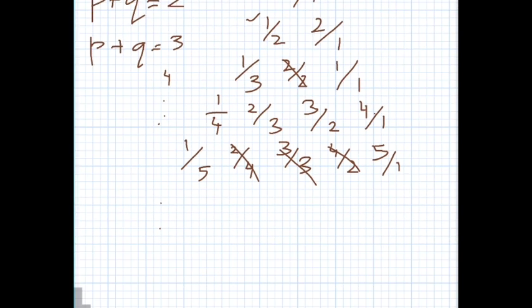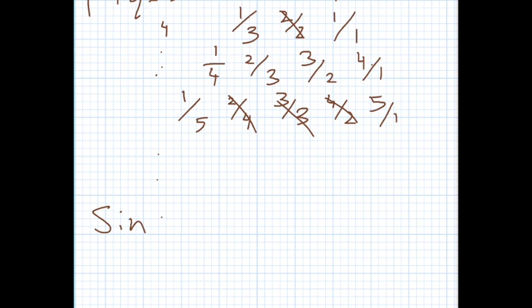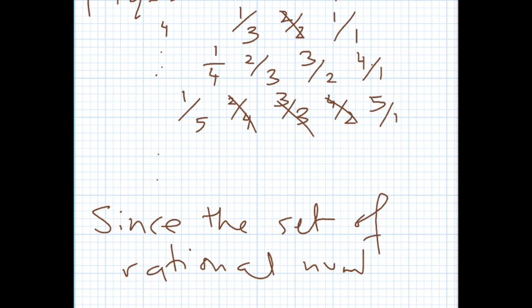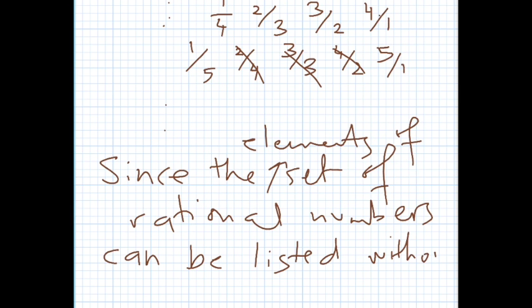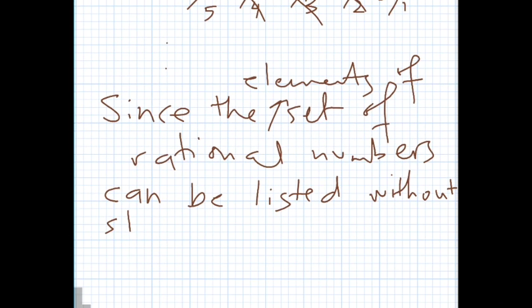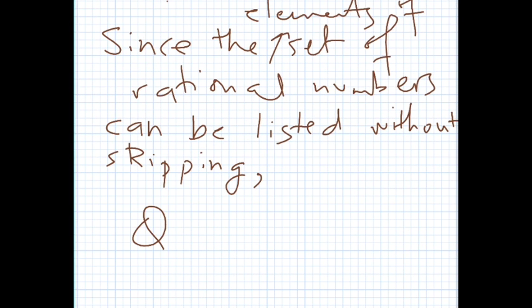So now note that since the elements of the set of rational numbers can be listed without skipping, we conclude that the set of rational numbers, usually denoted by Q, is countable.